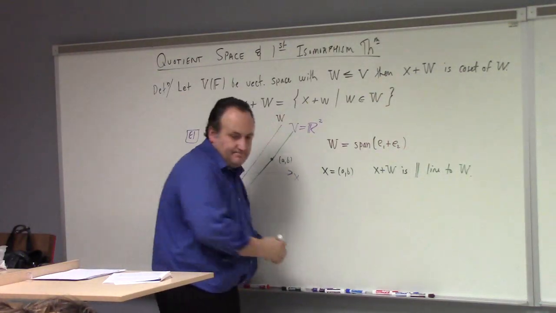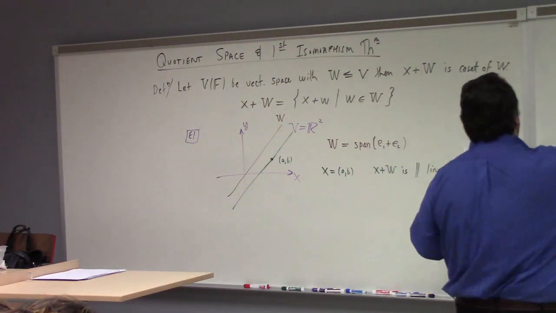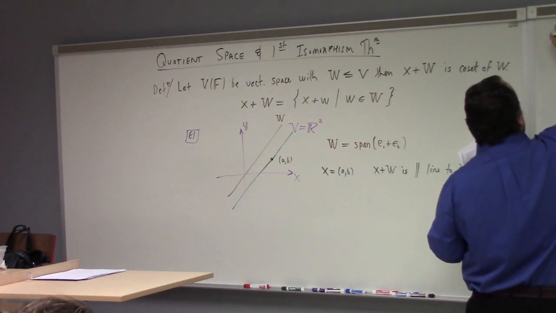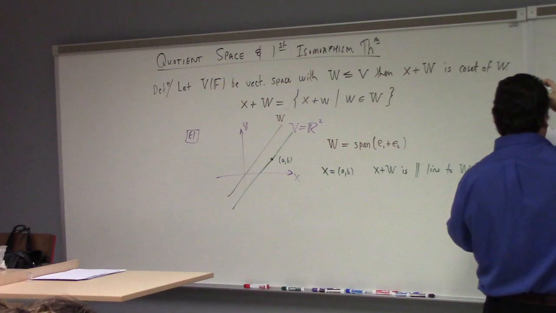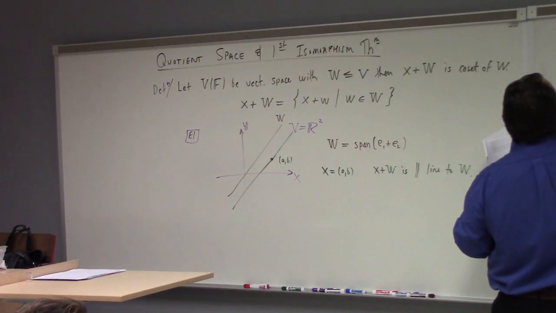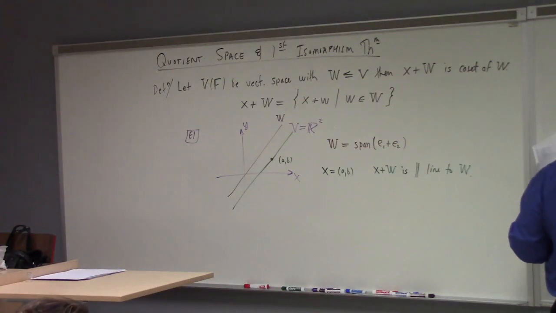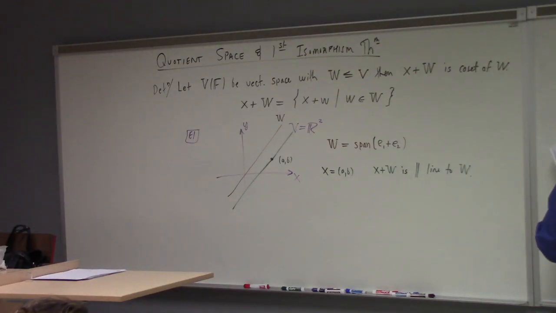Another example you might think about: we could have R^n be the vector space, and A be an m by n matrix.